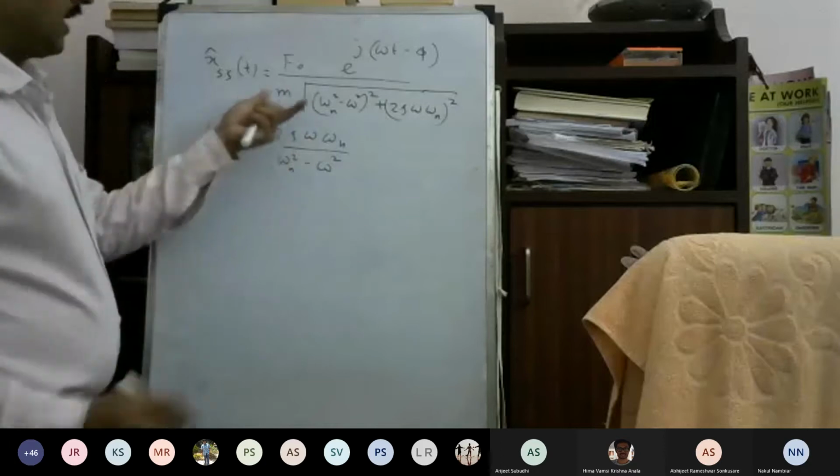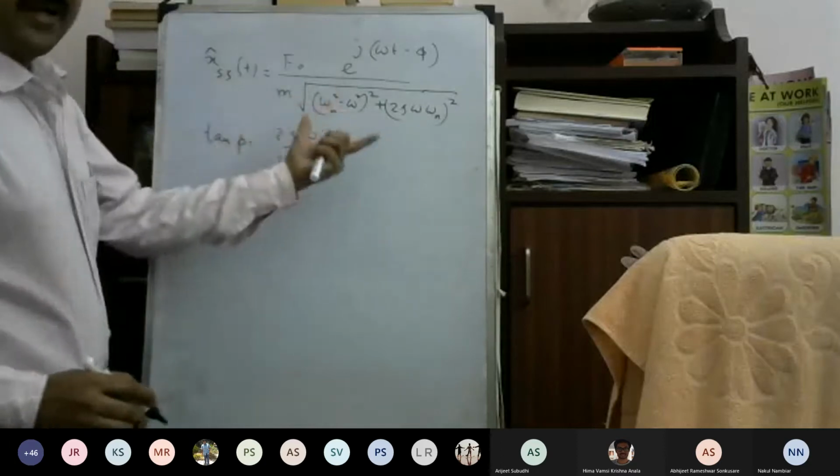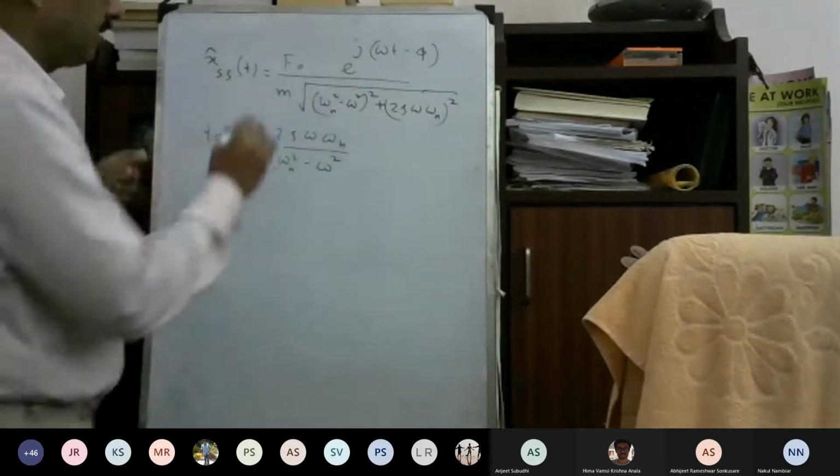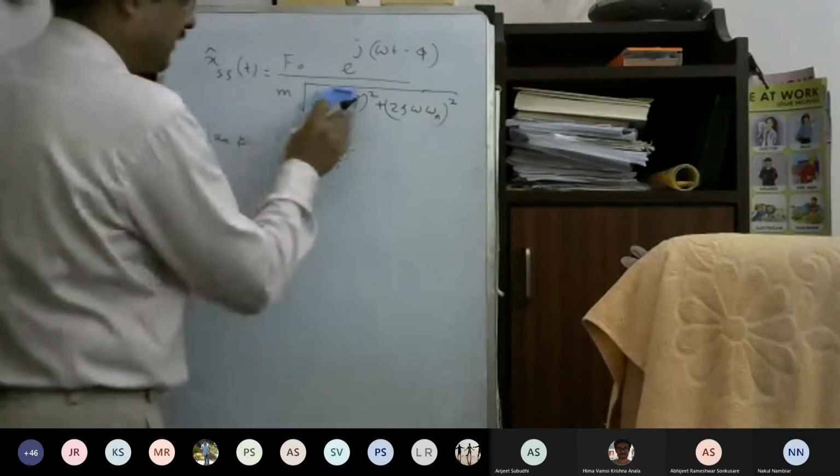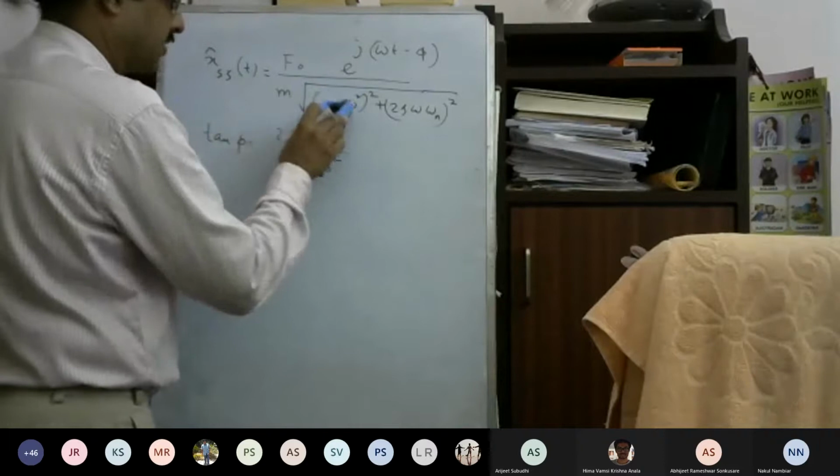Now, we would like to modify this first expression a little bit. So what we will do is take out omega n square.